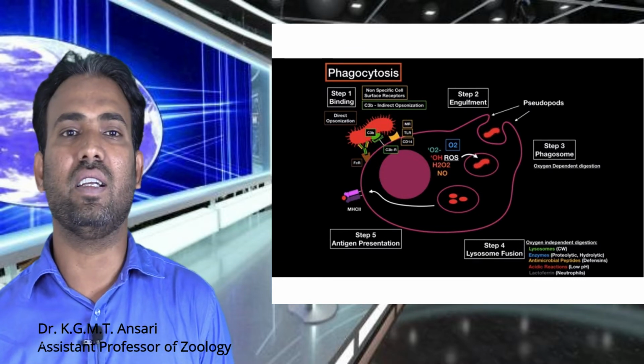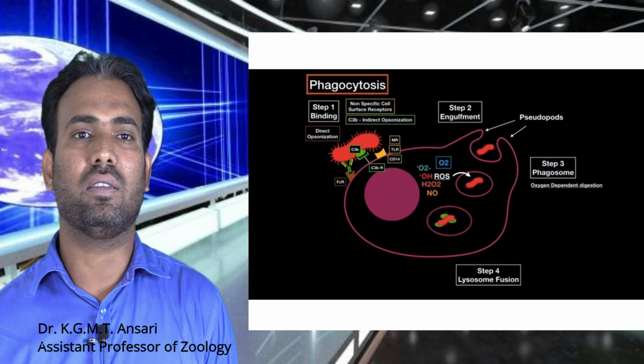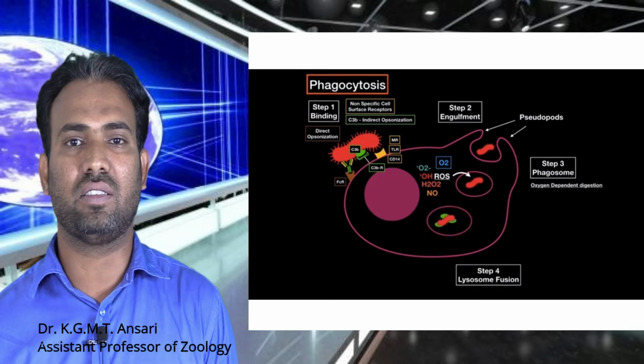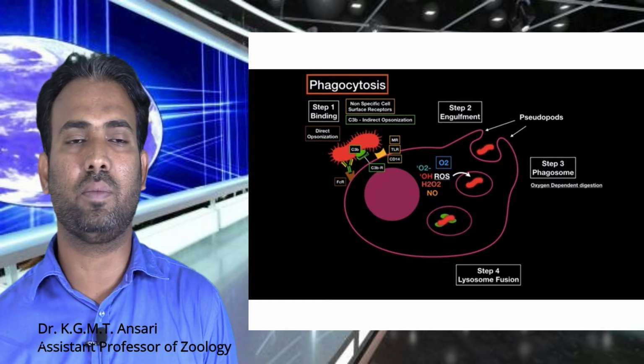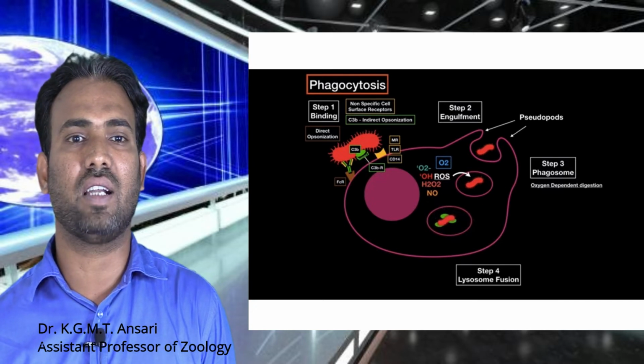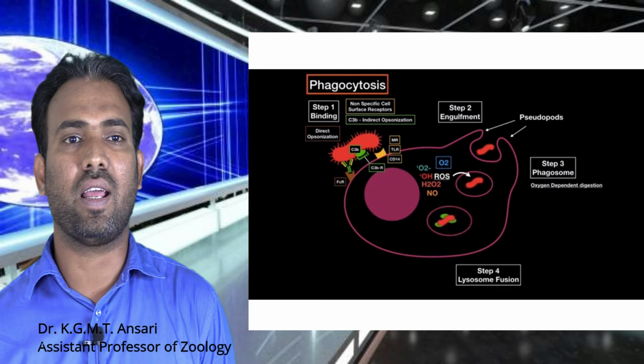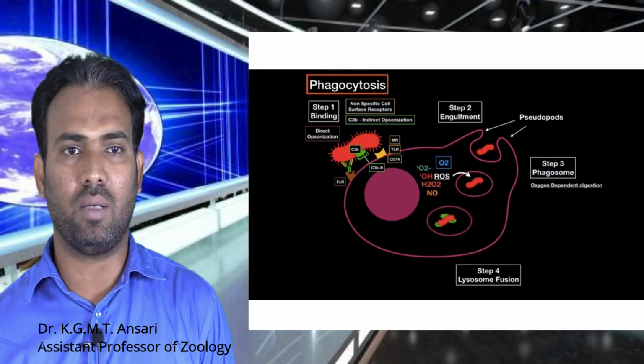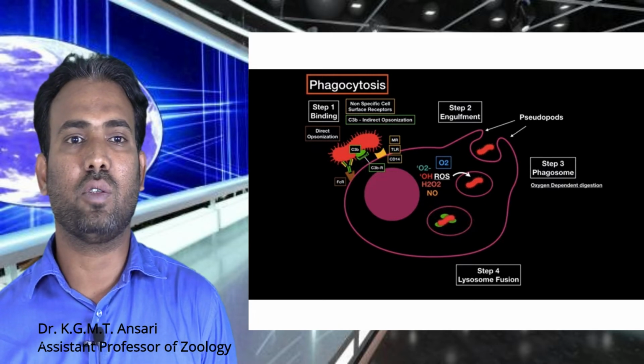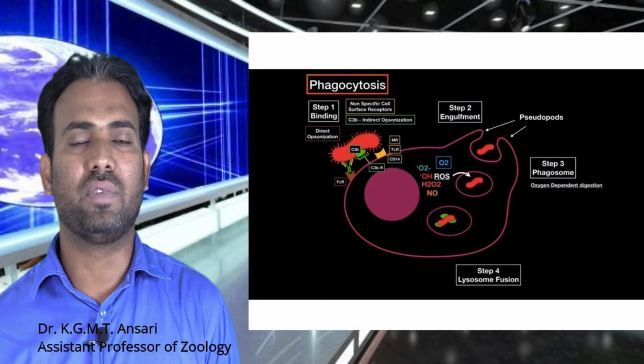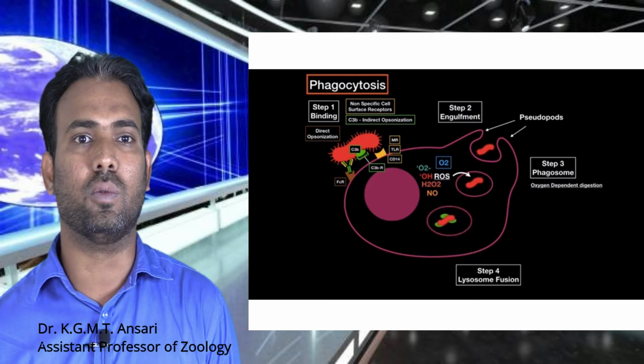is not kept in that cell for a long time, then step 3 is followed by step 4, that is lysosome fusion. Once the lysosomes are produced from the Golgi complex, the lysosome will enter the temporary cell wall, which was created in step 2.